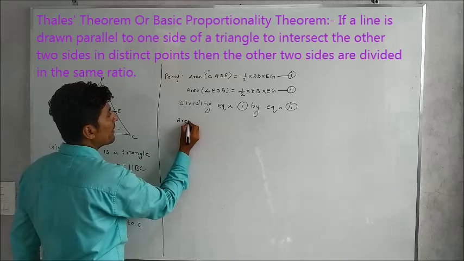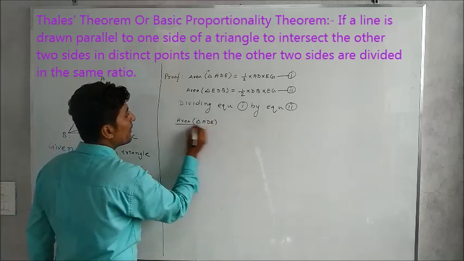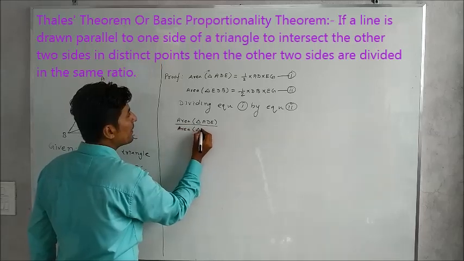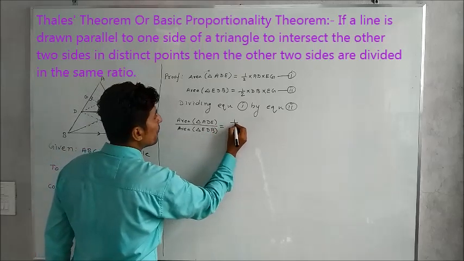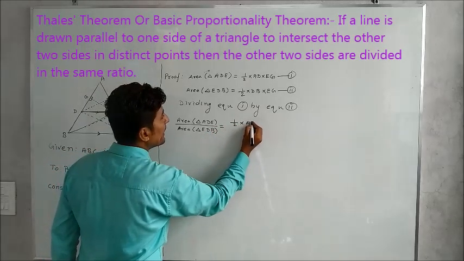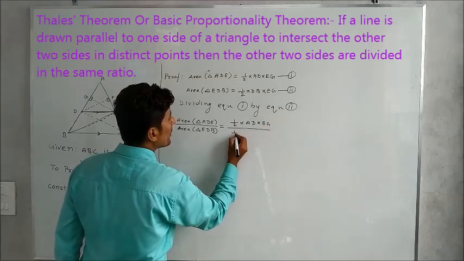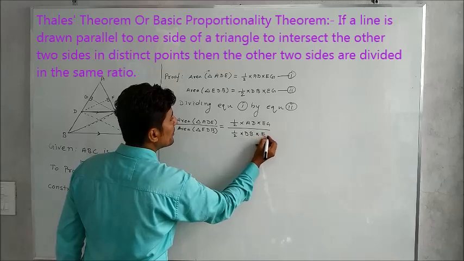Area of triangle ADE upon area of triangle EDB equals 1 upon 2 into AD into EG upon 1 upon 2 into DB into EG.